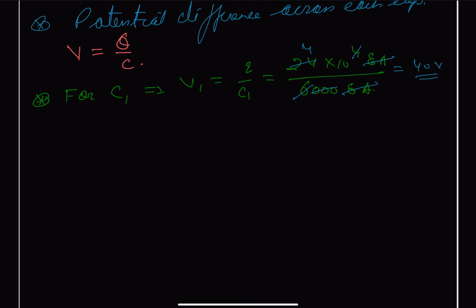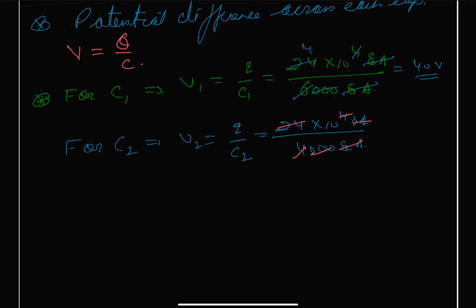Similarly for C2, V2 will be equal to Q divided by C2. We get this as 24 into 10 to the power 4 epsilon naught A, and here we have 4000 epsilon naught A. Once again this goes by 6, giving us 60 volt.